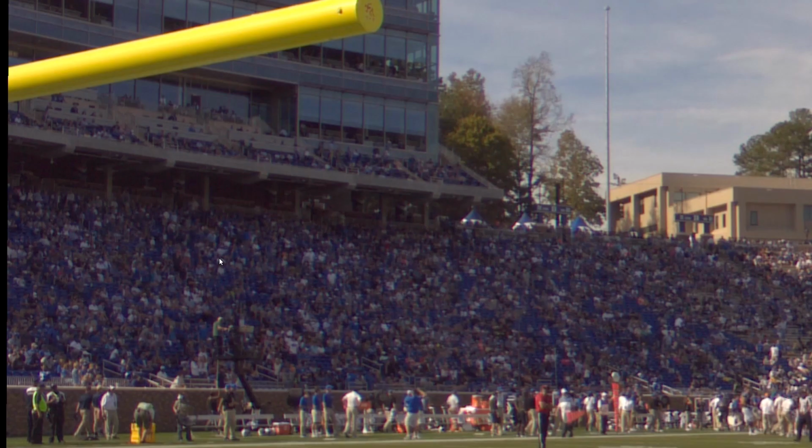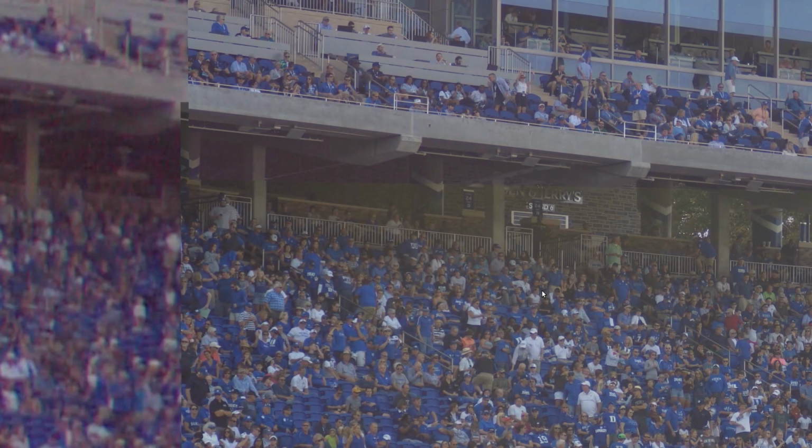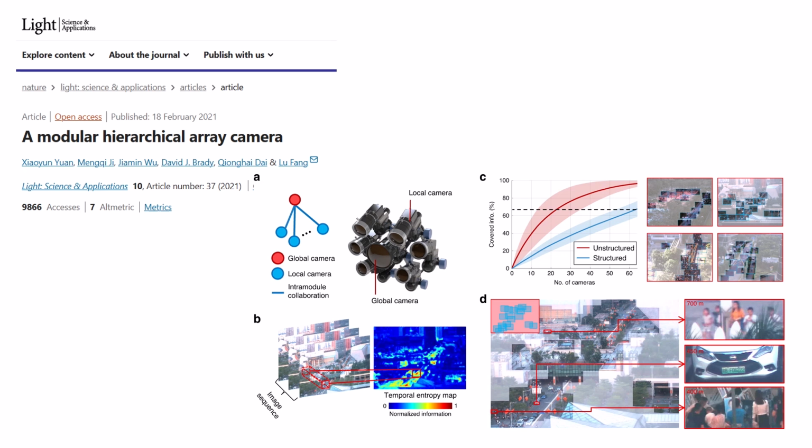Now, one aspect of this camera is it actually consists of also a heterogeneous array of imaging components. This paper from Light Science and Applications with Fang Lu and her group at Tsinghua University analyzed camera designs where we don't have uniform sampling.